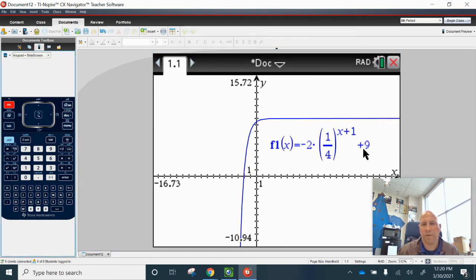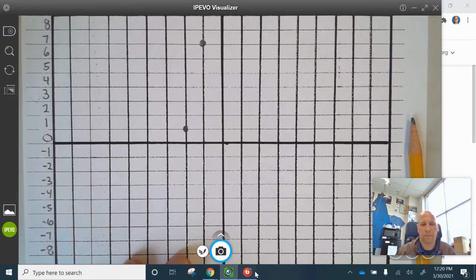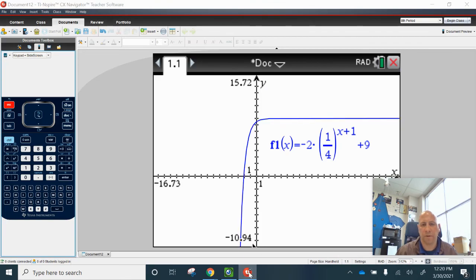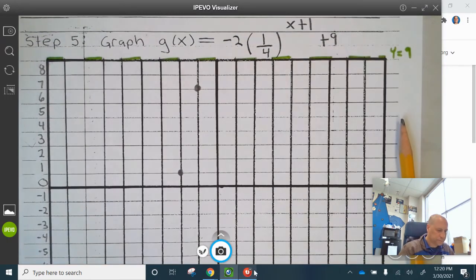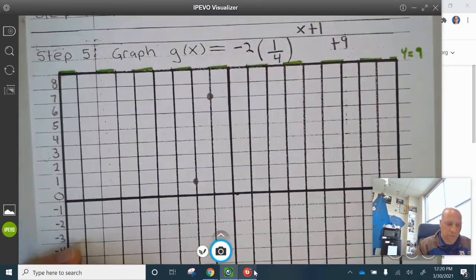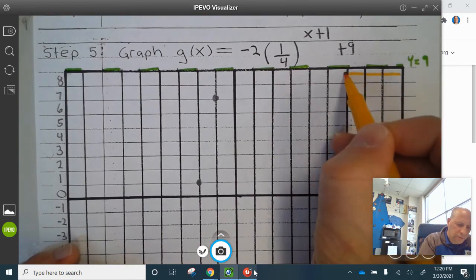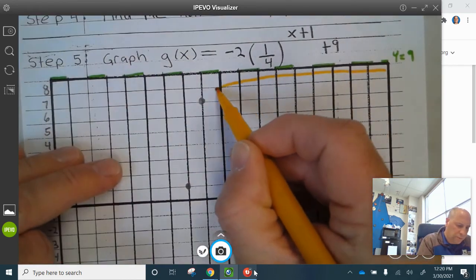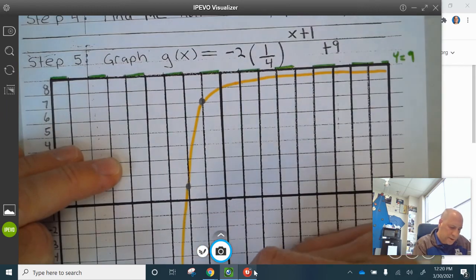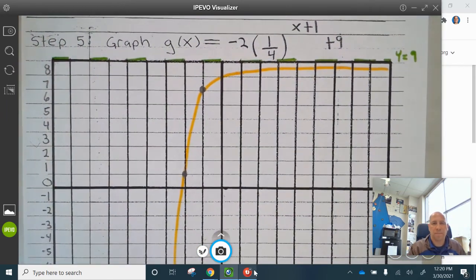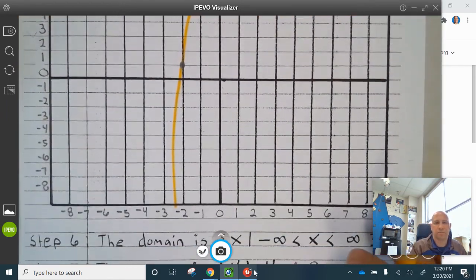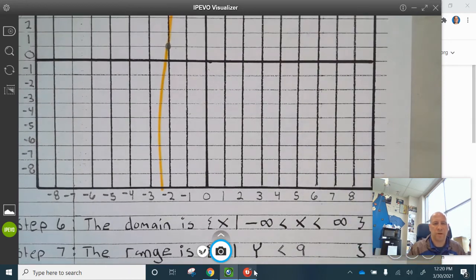Perfect. So you can see here that it's falling along the 9, it's going down. We can see here it's falling along the asymptote and going through the points and down. All right, go ahead and finish up the graph.